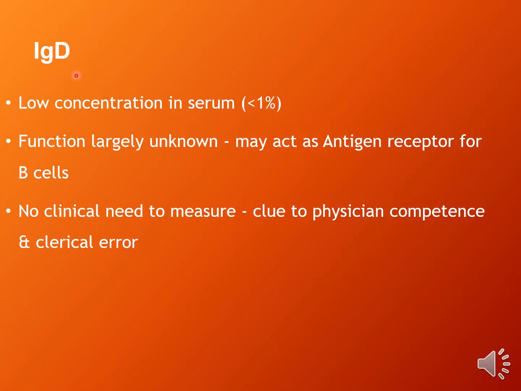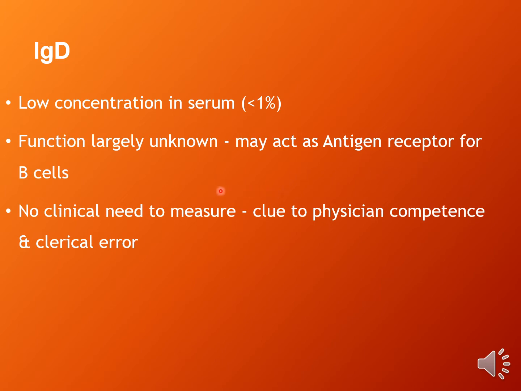And then the last one is the IgD. It's also very low in the serum. The reason why we put it last is because the function of this IgD molecule is still largely unknown. Although, of course, in the future we may discover new things about this antibody, for now what we know is that it can act as antigen receptor for B cells.